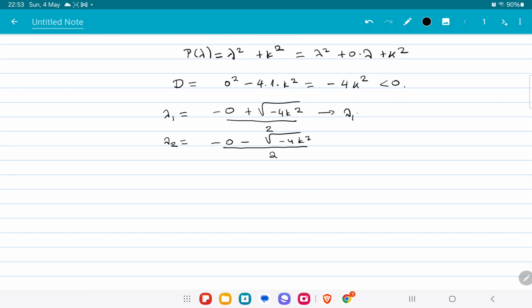These are going to give you some complex numbers. I'm not going to write them down.